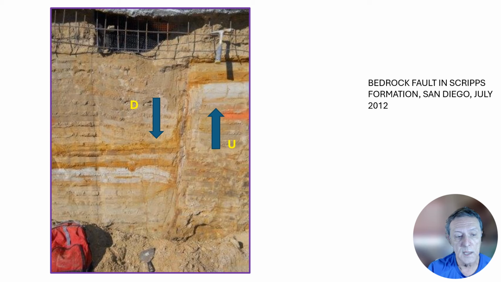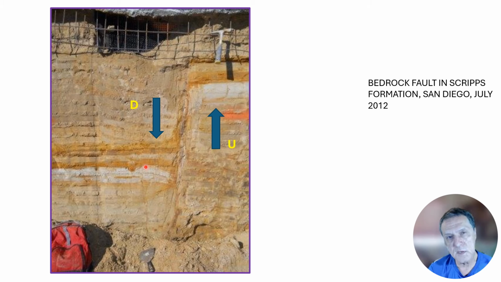You can see a fault plane which runs near vertical up and down this excavation wall. It's apparent that the left side, as we're looking at it, has gone down and the right side has gone up. The distance between the top of this distinct marker bed up here and the top of this marker bed here is about 2 feet. So it's fairly major movement as faults go.